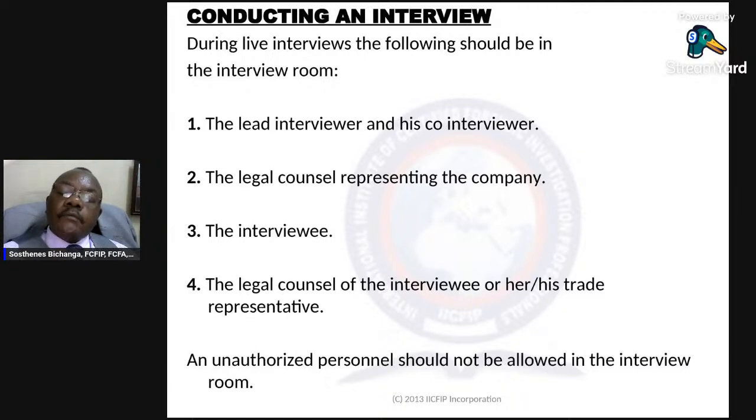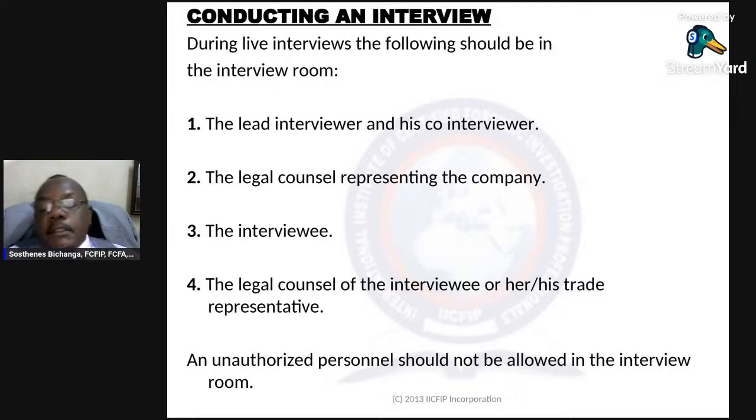The person leading the interview is the lead interviewer, and the main participant is the interviewee. The rest of the people are just witnesses of the interviewing process in the room. They are not supposed to interfere with the flow of the interview. But as you know, the legal counsels, the lawyers, the advocates usually complicate things.